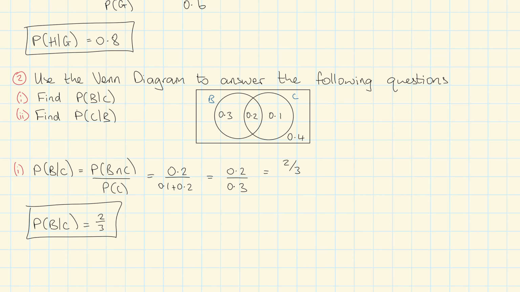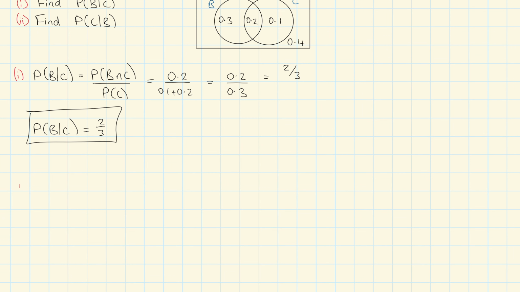Okay, and for part 2, we're asked to find the probability of C given B. So it's the probability of the intersection over the probability of B. Probability of the intersection is 0.2. Probability of B, 0.3 plus 0.2.